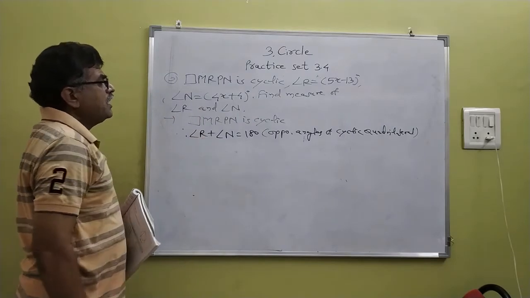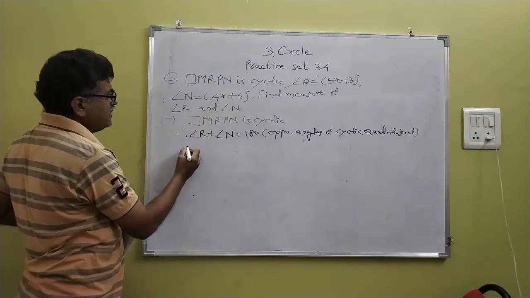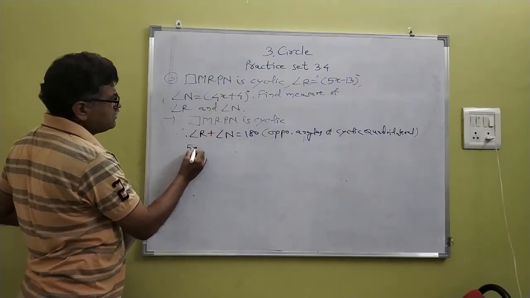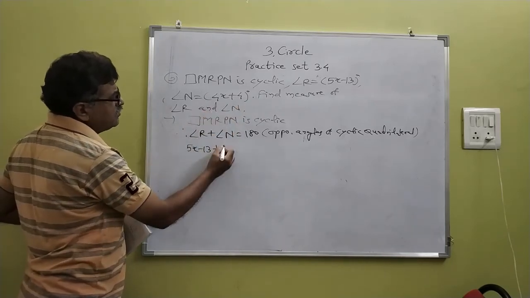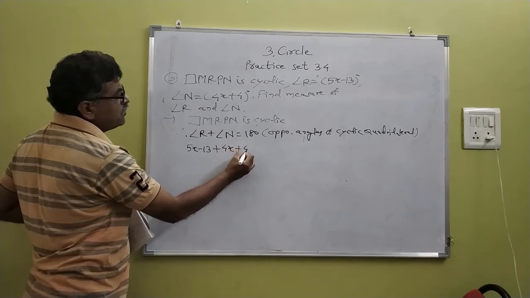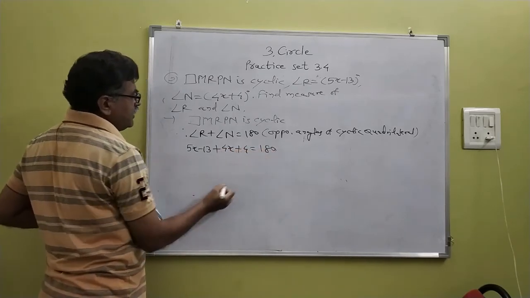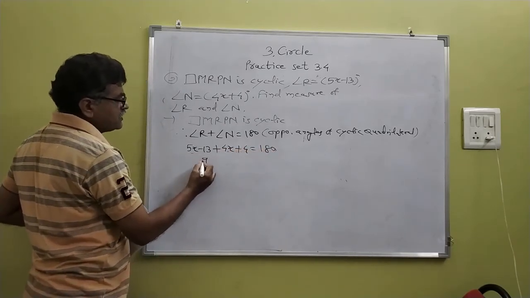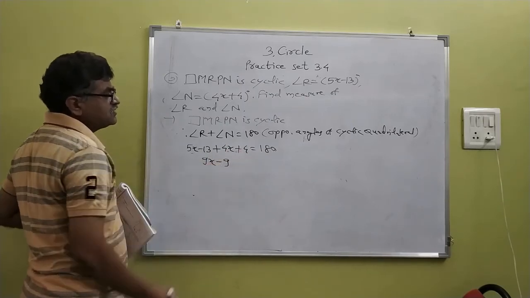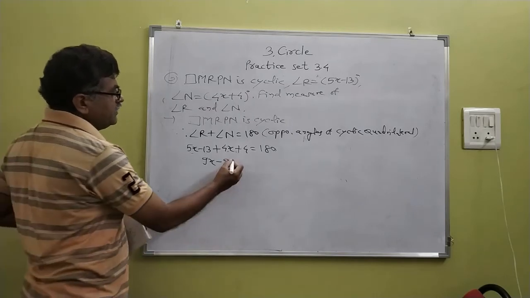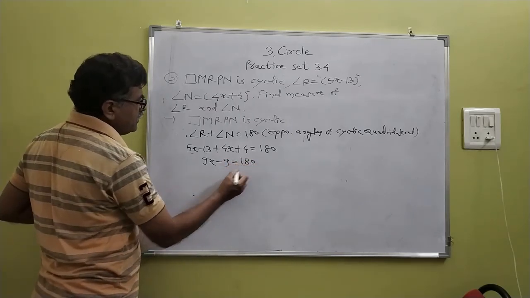Now, angle R plus angle N, put values. Angle R is 5x minus 13 plus angle N is 4x plus 4 is equal to 180. 4x plus 5x is 9x, minus 13 plus 4 is minus 9, is equal to 180.